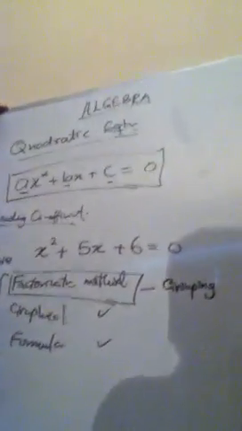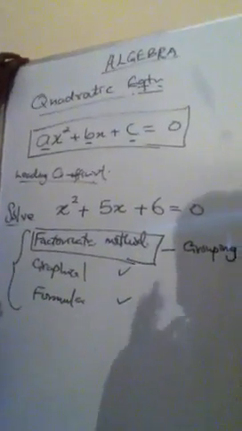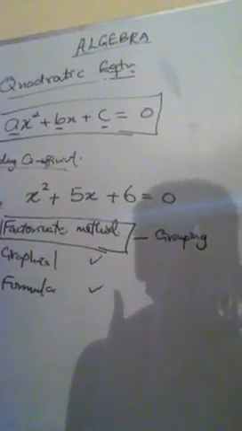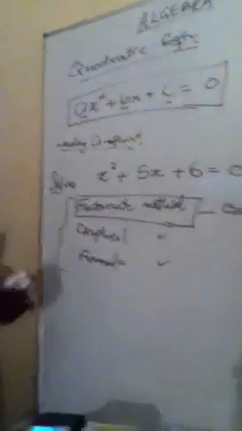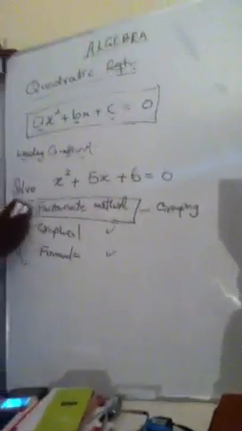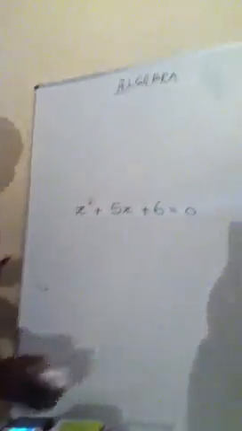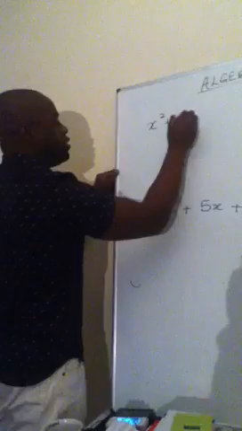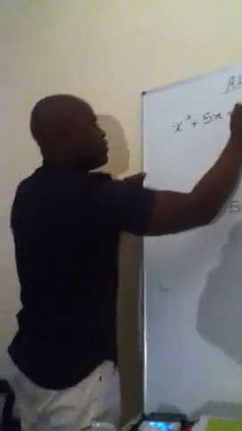I have a peculiar way. We're still solving the quadratic equation, and here we have x squared plus 5x plus 6 is equal to 0.